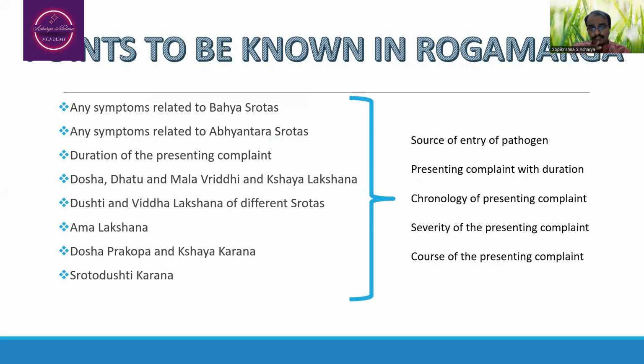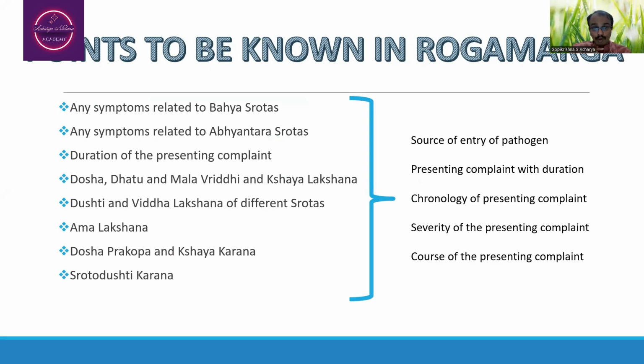When you think about this, what are the points that should be known while assessing Rogamarga? First of all, we need to know about any symptoms related to Bahyasrotas. We know 9 Bahyasrotas are present in males and 12 are present in females.